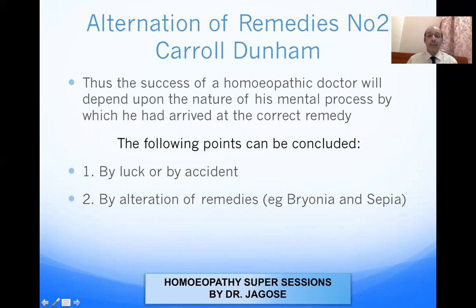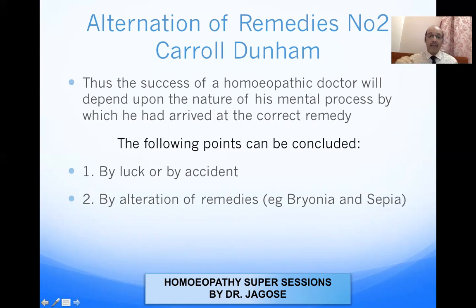So naturally, the success of a homeopathic doctor will depend upon the nature of his mental process, that is, how the physician thinks logically, using inductive and deductive logic, and then arrives at the correct remedy. So the million-dollar question is that a good homeopathic doctor will prescribe the correct remedy.